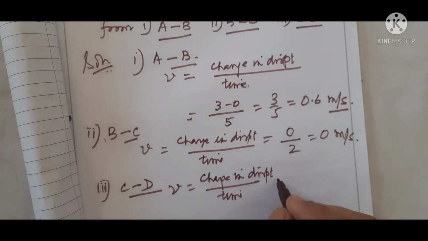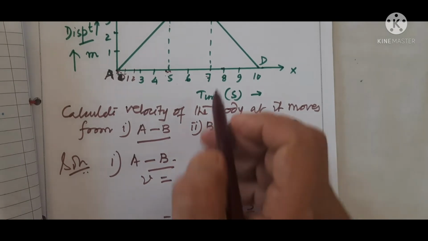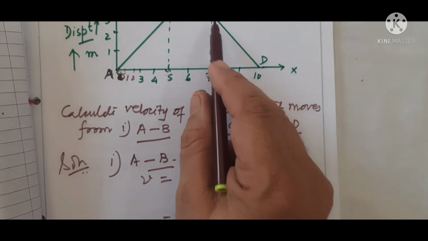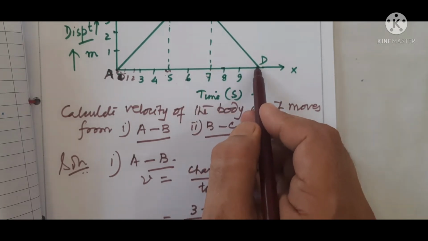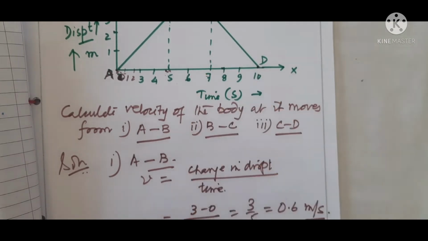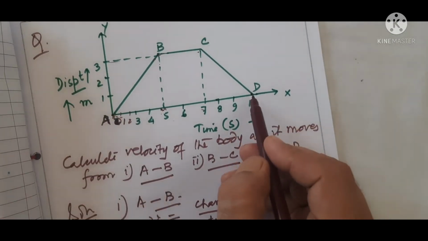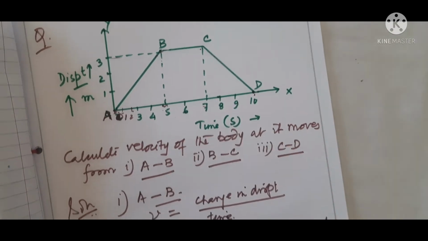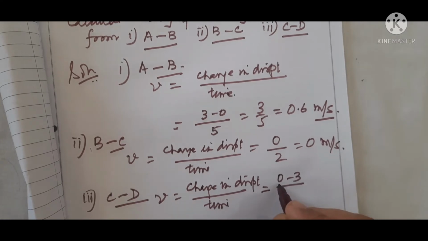Change in displacement क्या होगा? फाइनल डिस्प्लेसमेंट माइनस इनिशियल. यहाँ डिस्प्लेसमेंट 0, यहाँ पर क्या है डिस्प्लेसमेंट? 3. So we can write 0 minus 3, change in displacement, final minus initial, by time taken.